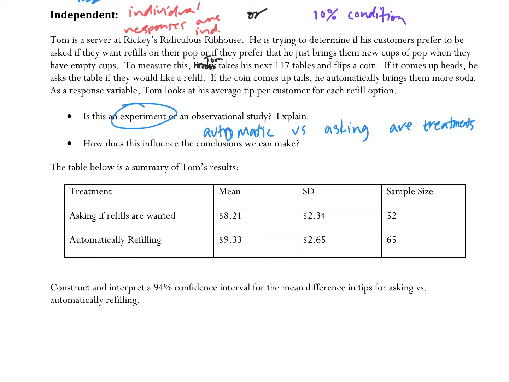How does this influence the conclusions we can make? What are we going to be allowed to conclude since we have random assignment of treatments? The conclusion will be affected because now we can conclude cause and effect.